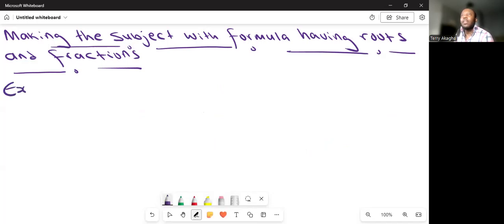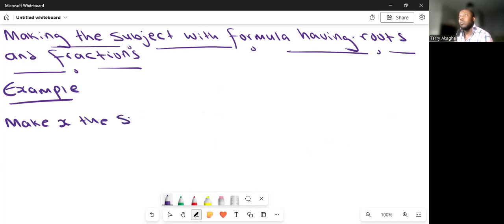All right, so let's get started here. We're told to make x the subject of the formula in each of the following.